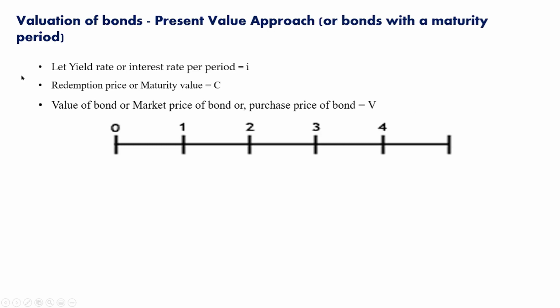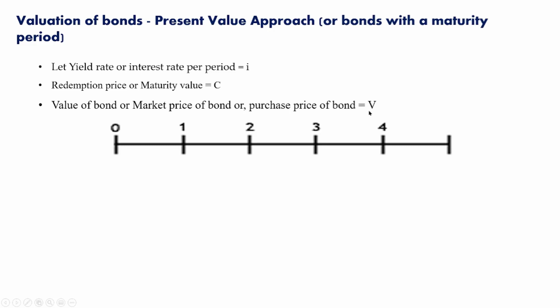And now let the yield rate or the interest rate per period be I. So this is the yield to maturity, or the required rate of return of the investor. If the redemption price or the maturity value is C, then the value of the bond, or the market price of the bond, or the purchase price of the bond, is given by V.